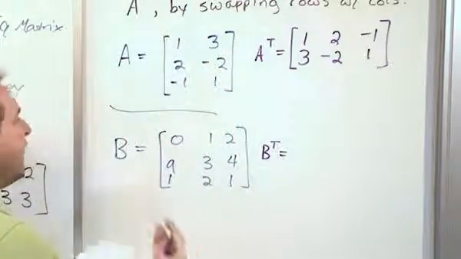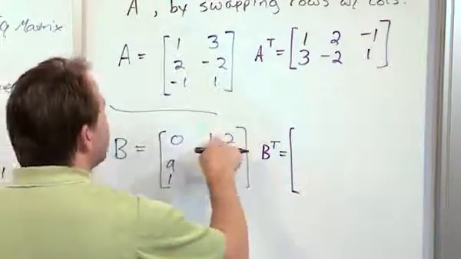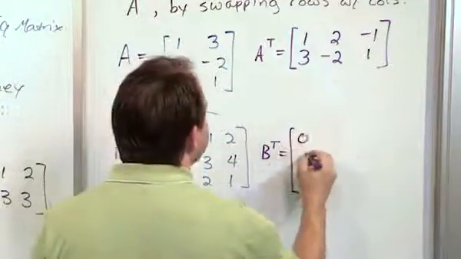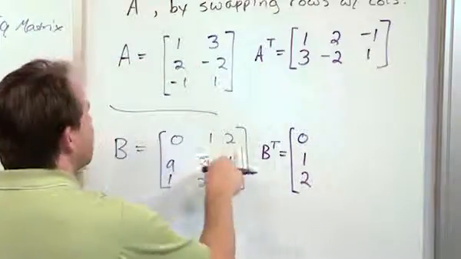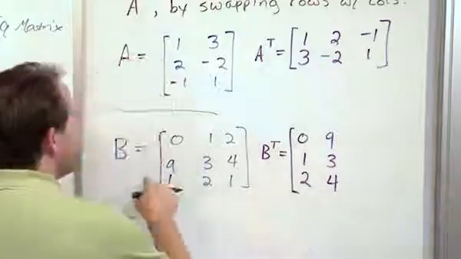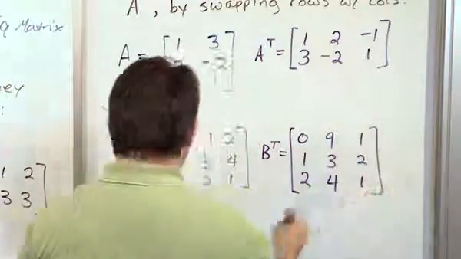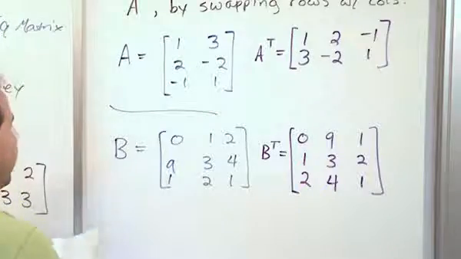All we're doing is swapping rows for columns, right? So let's take the first row, 0, 1, 2, and make it into a column, 0, 1, 2. The next row, 9, 3, 4, we'll make into a column. And the final row, 1, 2, 1, we'll make into a column. So I have 0, 9, 1, 1, 3, 2, 2, 1, 4.